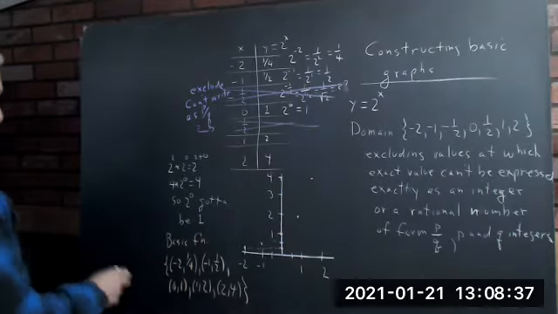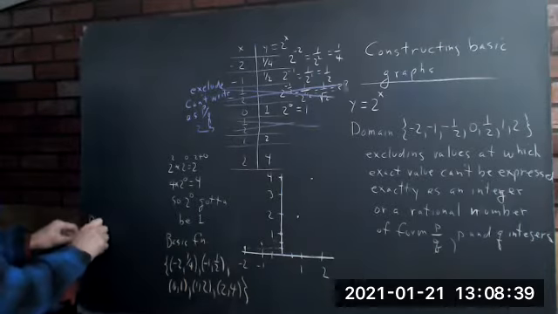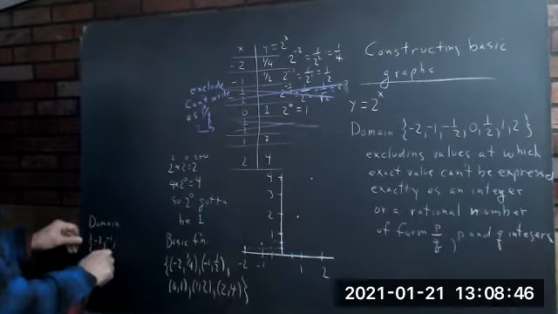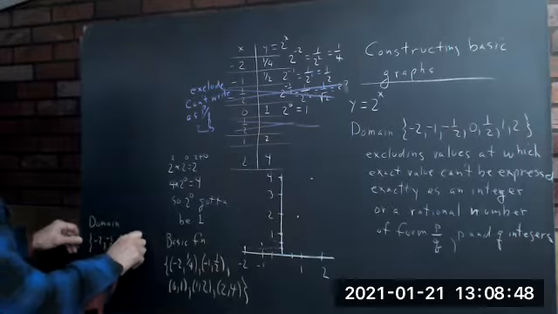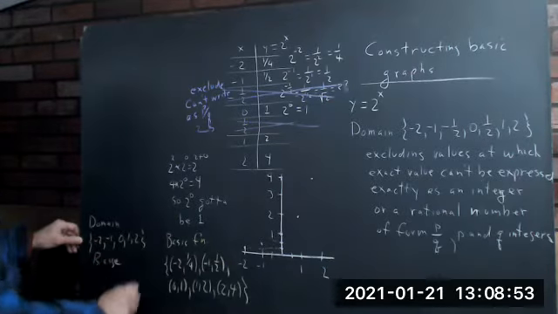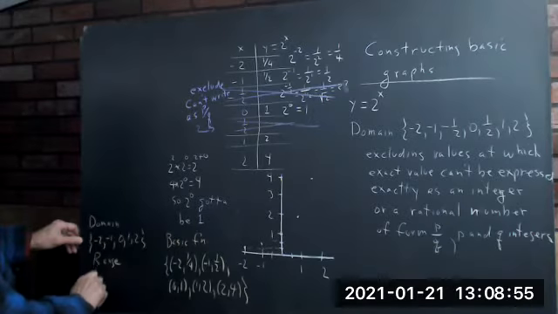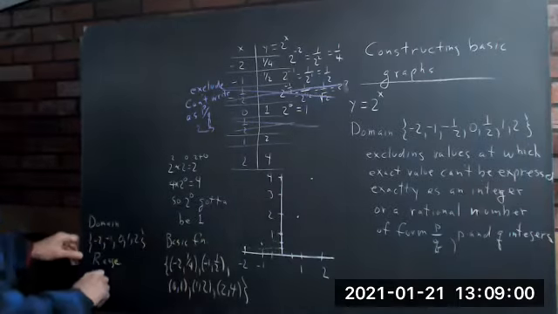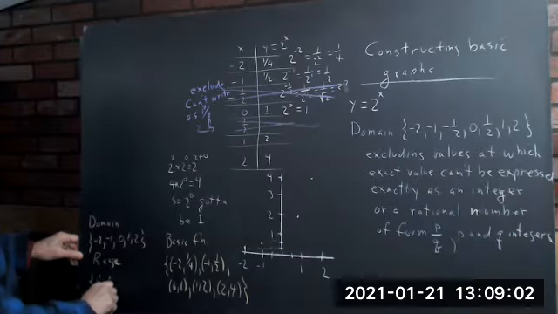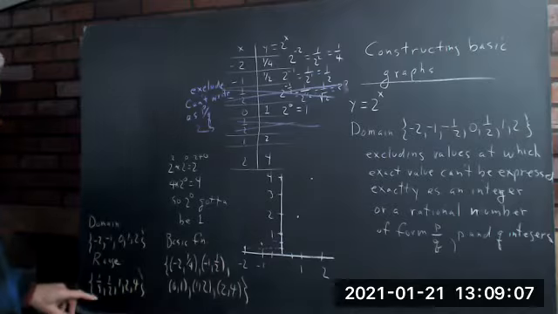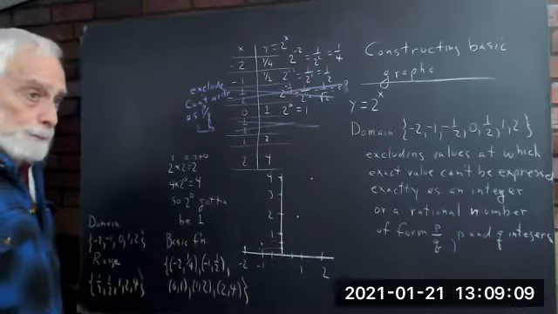Basic function is this. The domain is the set of numbers -2, -1, 0, 1, and 2. The range is the set of values, which would be one-fourth, 1/2, 1, 2, and 4.